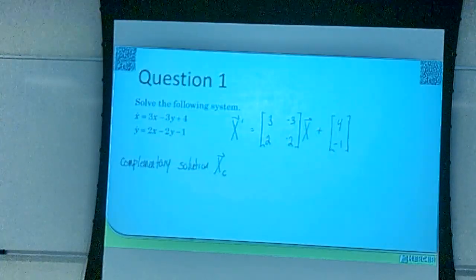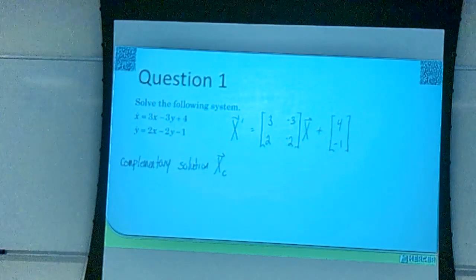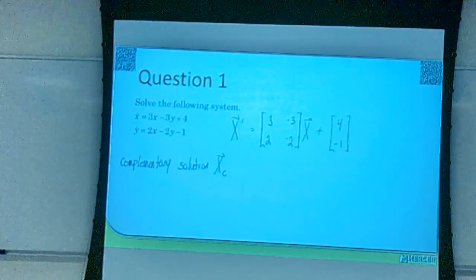First, find the complementary solution, x sub c. This is just, you act like this bit here is not there. It's the homogeneous part.